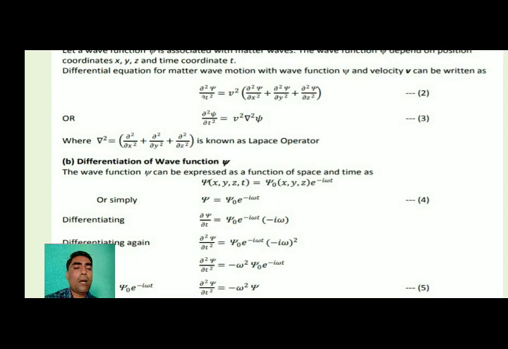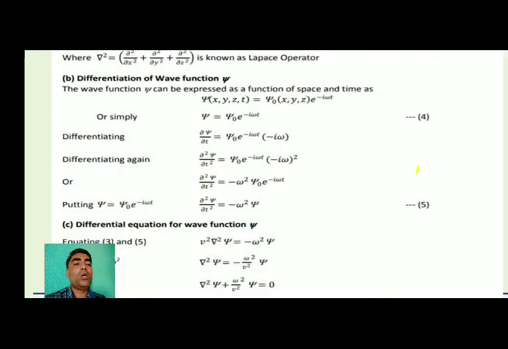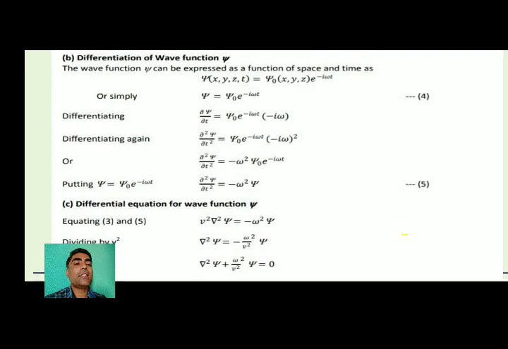Upon simplification, as psi 0 times e to the power minus i omega t is actually the wave function psi, this reduces to del squared by del t squared of psi equals minus omega squared psi.